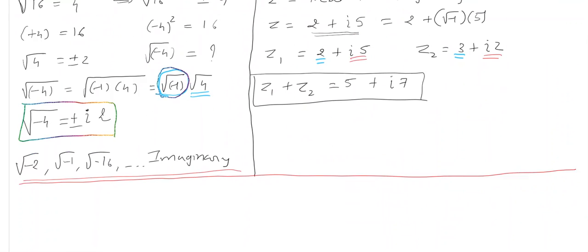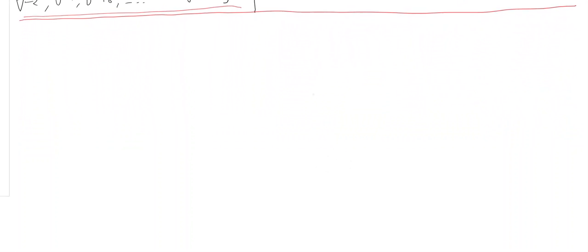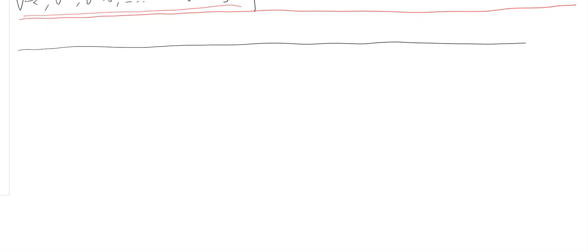So first, let us try to understand the presentation of a complex number, how to represent it, how to express it. For that, we'll again recall one of the previous topics, vectors. In 11th standard, you must have studied vectors. It will help us understand the presentation of a complex number.